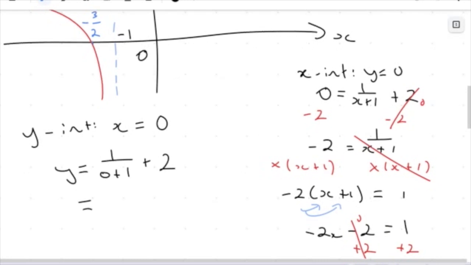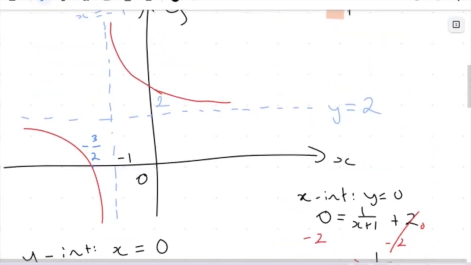Now 0 plus 1 gives me 1. 1 divided by 1 just gives me 1. That's 1 plus 2, and that equals 3. So, kind of checks out again. This point here is going to be 3. And just visually looking at this, we could tell roughly where these intercepts were going to be, but we can just show this by setting my other variable to equal 0 and then find the intercept from there.